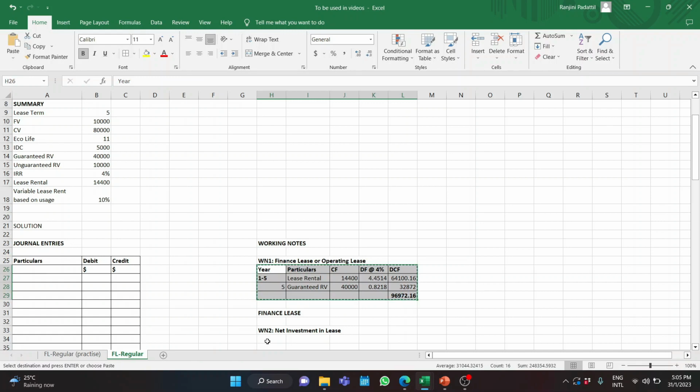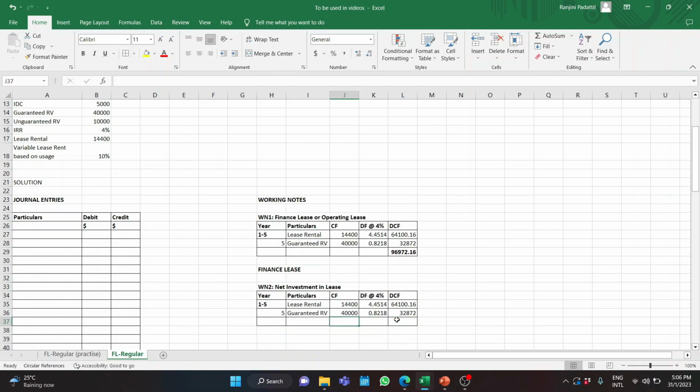So let's copy that there. To this, we need to add the unguaranteed residual value, 10,000. Discounting factor remains the same, 0.8218. Net investment in lease is 105,190. This is what gets debited.